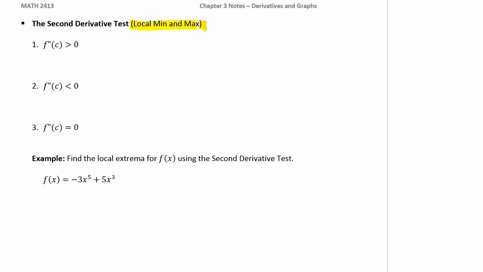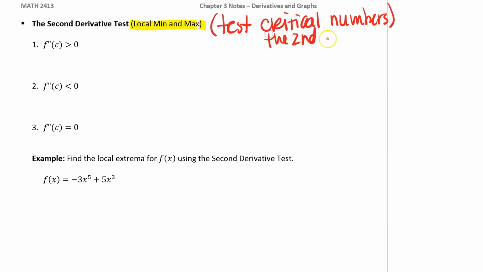Consider this. If we test critical numbers, because we know something's happening at those ones as we have defined as critical, in the second derivative, then that's going to tell me by the concavity at that critical number if it was a max or min.